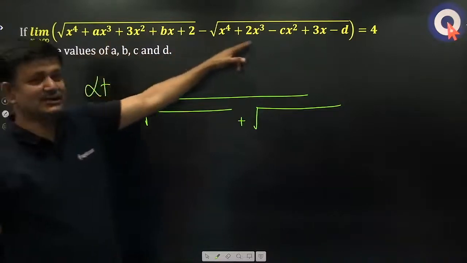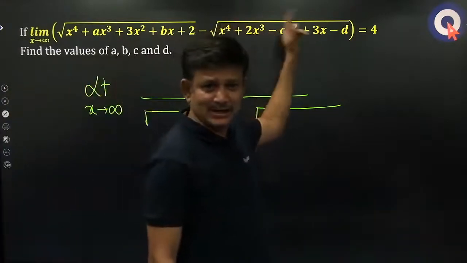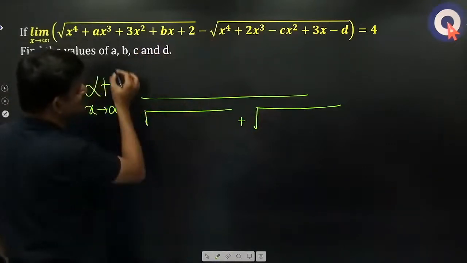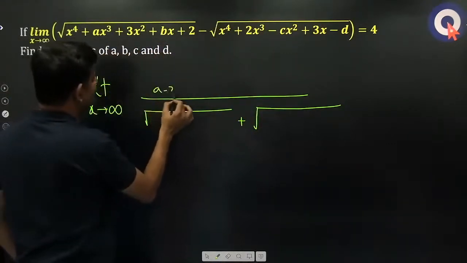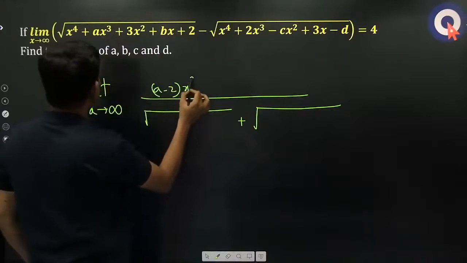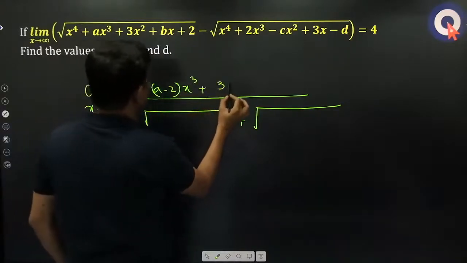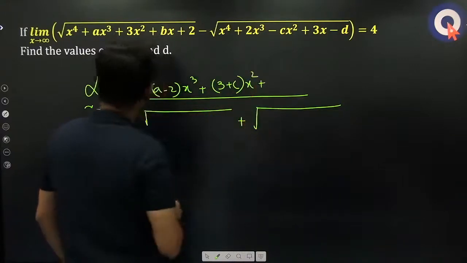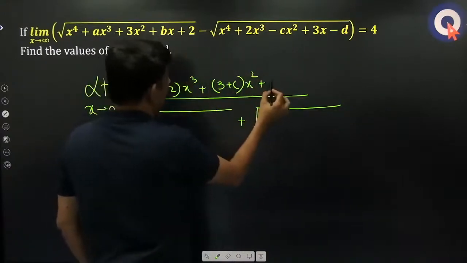Now a square minus b square in the top, a square minus b square in the top. So x power 4 is getting cancelled. Then you have a minus 2 into x cube. Then you have 3 minus c is 3 plus c into x square plus x term is what?